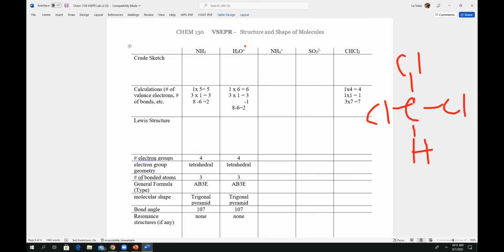Okay, that's a total of 12. We're subtracting 8 from it because we have 8 electrons around it, right? Boy, 7 times, oh, okay, sorry, that's 21. I was like, wait a minute, something's wrong with this picture. That should be 26. Okay, sorry about that. I did not multiply. All right, 3 times 7 is 21.